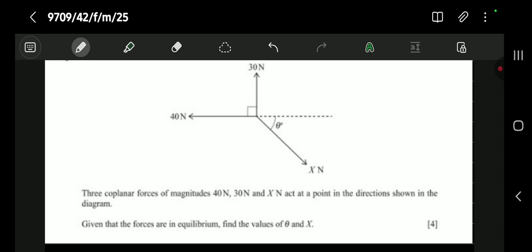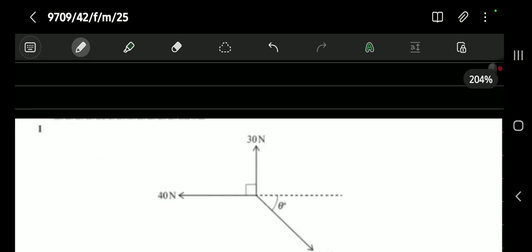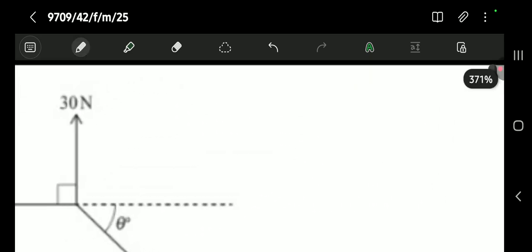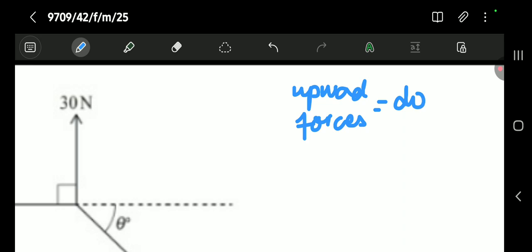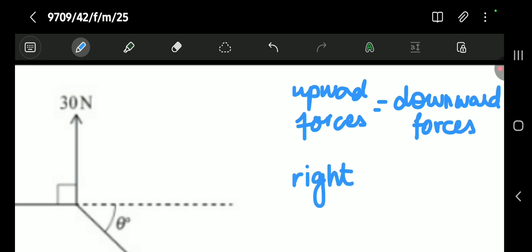So the sum of the forces will be equal to 0, or you can equate the forces: upward forces must be equal to downward forces, and forces acting in the right direction should be equal to left forces, or the sum of the horizontal and vertical components of the forces should be 0.